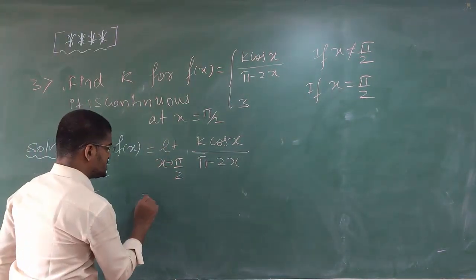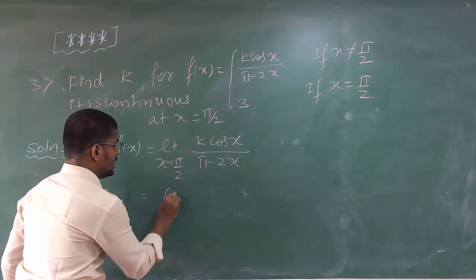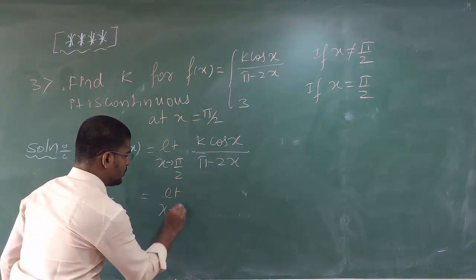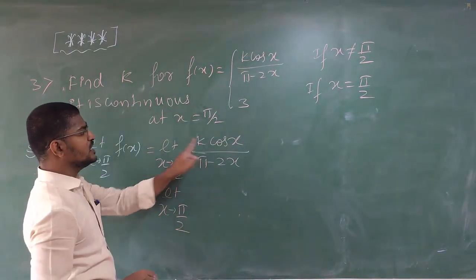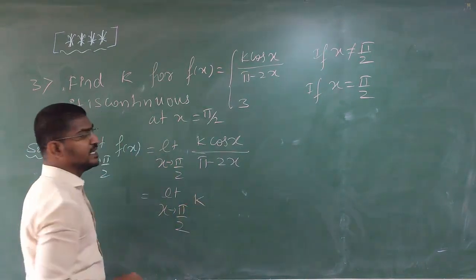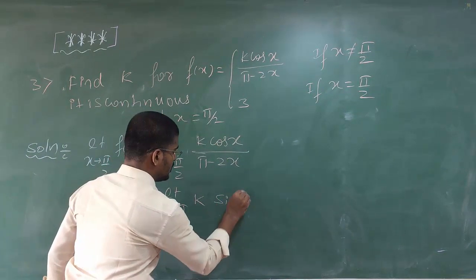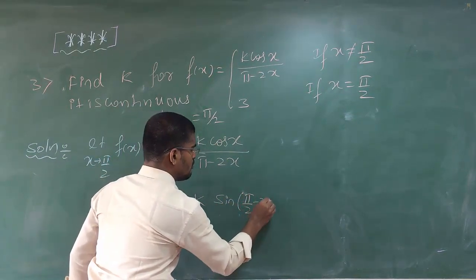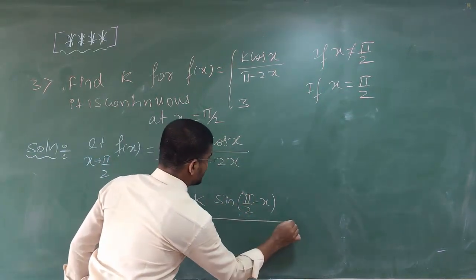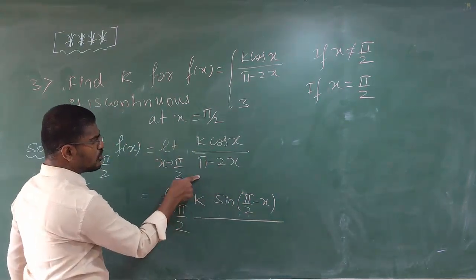How to simplify this? That is limit as x tends to pi by 2. K is a constant, write it as it is. How can you write cos? Sine of pi by 2 minus x divided by, I will take 2 common from this.